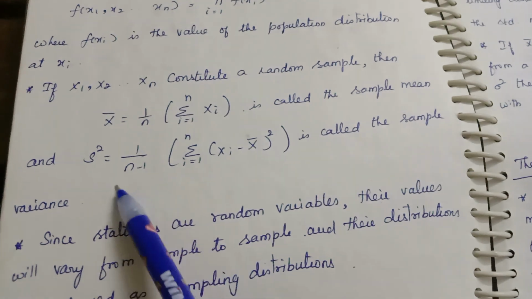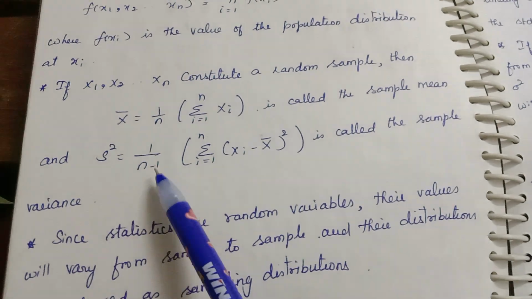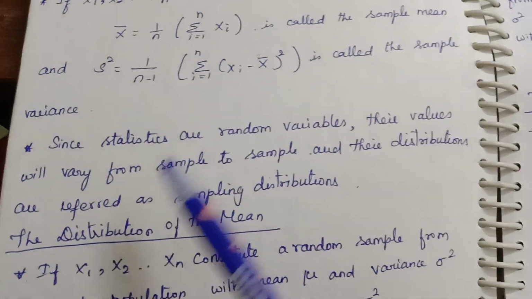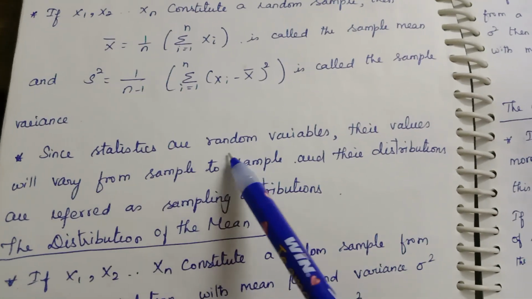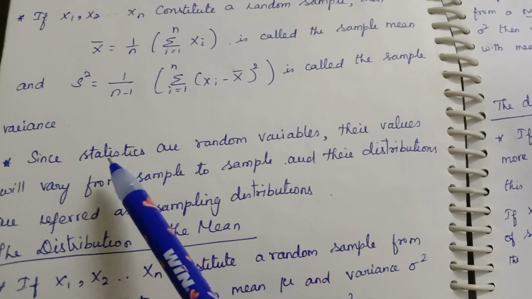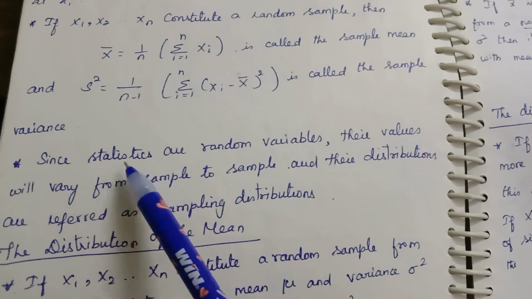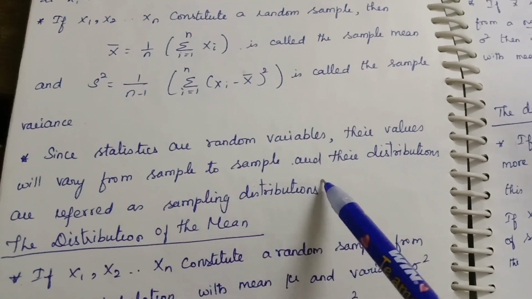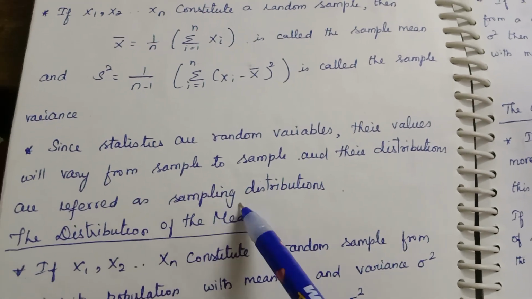Here for the sample variance it is 1 by n minus 1, not n. That is the difference. Since statistics, that is the sample mean and variance, are random variables, their values will vary from sample to sample, and their distributions are referred to as sampling distributions.